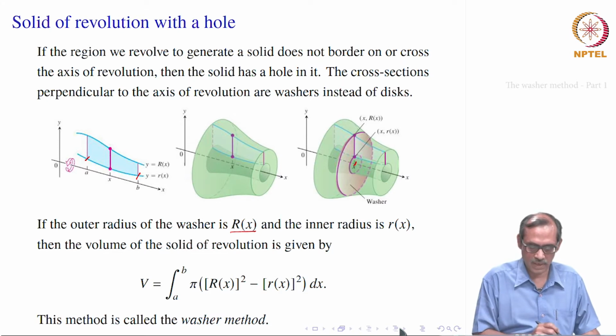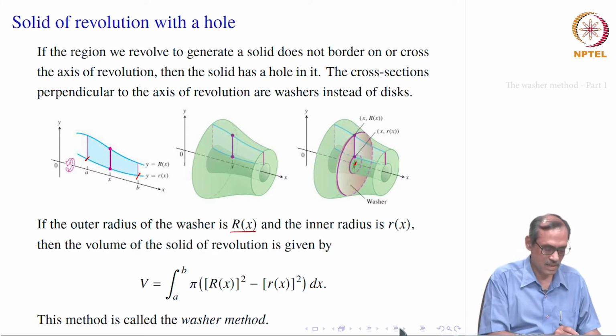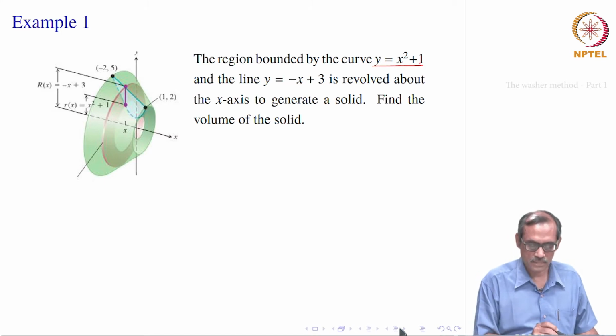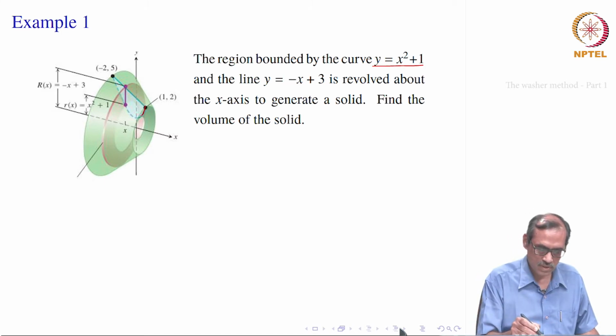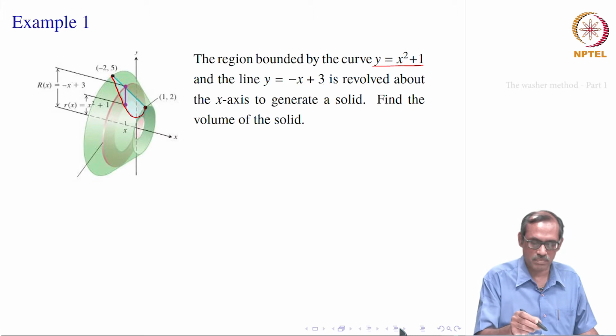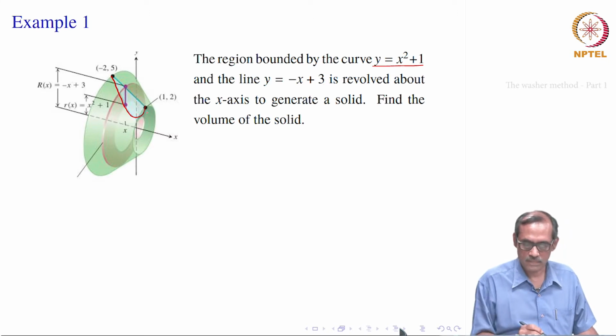So, let us apply this washer method on an example. Here the region is bounded by the curve y equal to x squared plus 1, which is a parabola, and the line y equal to minus x plus 3, the blue one.